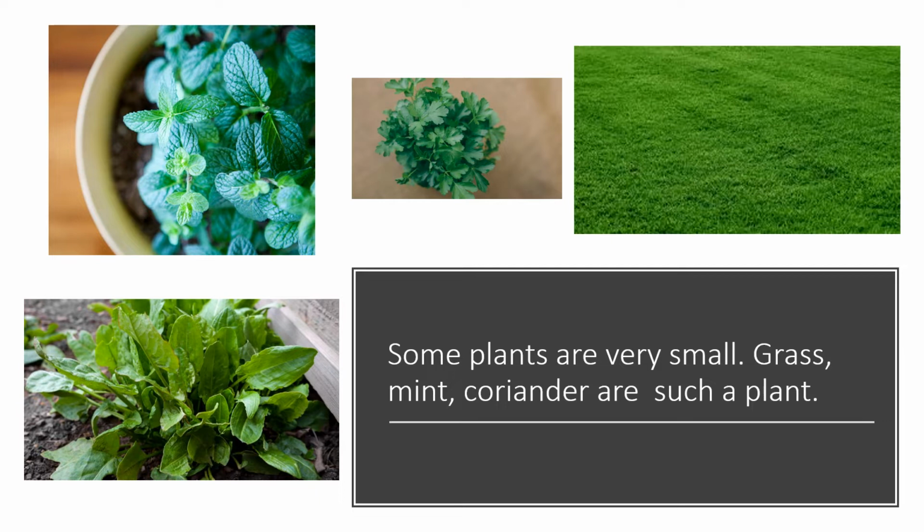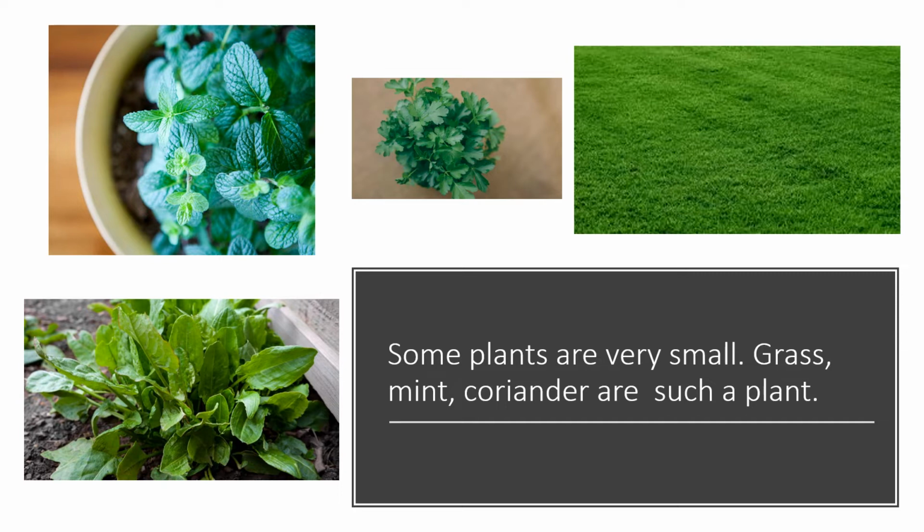Coriander, which is also called kothmeer or dhana in Hindi or Gujarati, and spinach, which is called palak. These plants don't grow more than 6 to 8 inches, children. It's very small. When your mother brings them home, you can check it out and learn to identify them as mint, coriander, and spinach.